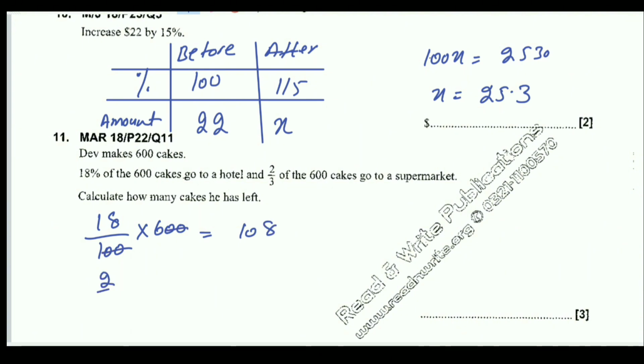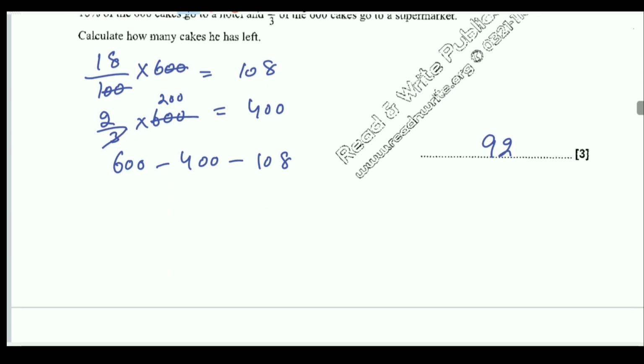And 2 by 3 of 600 is 400. Total cakes 600 minus 400 minus 108, you will get 92 cakes. Okay, so next question.